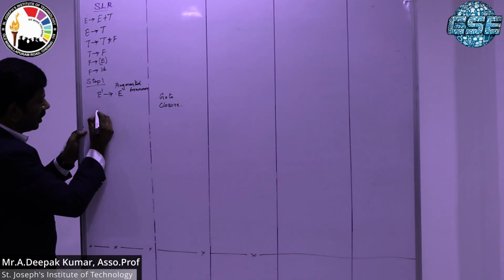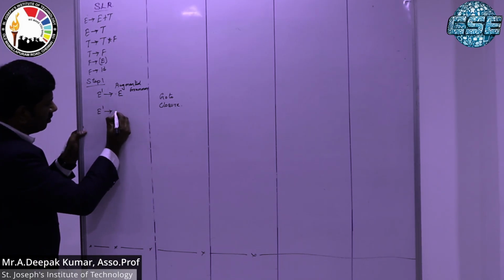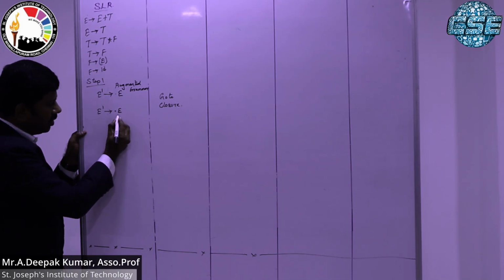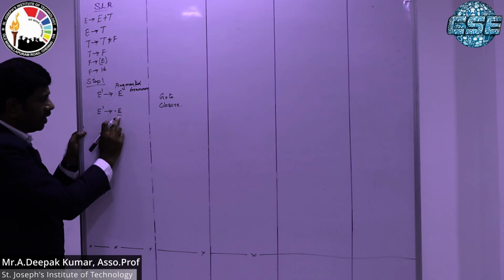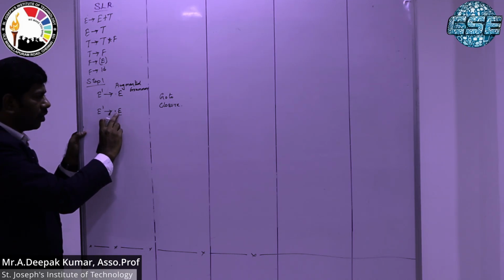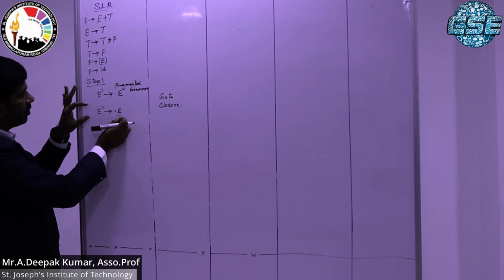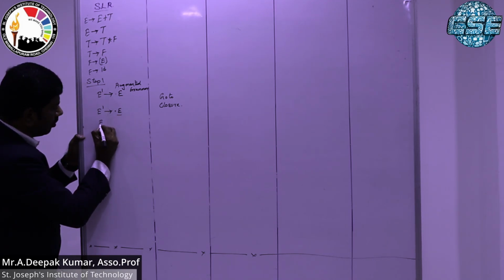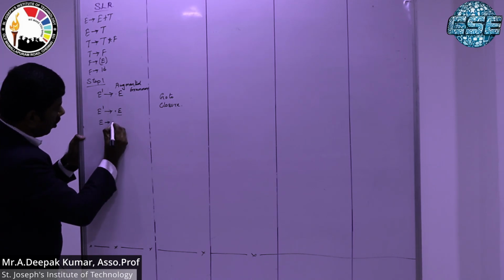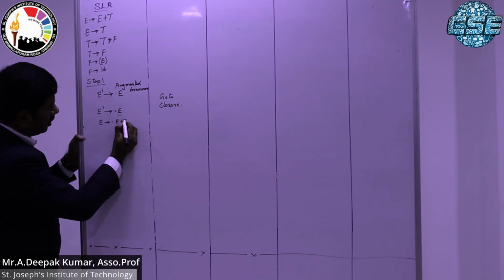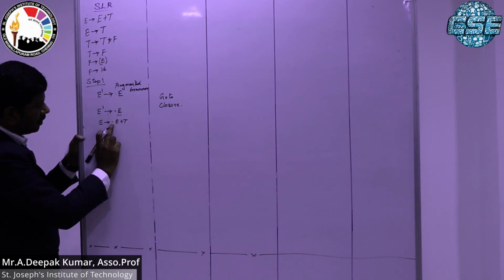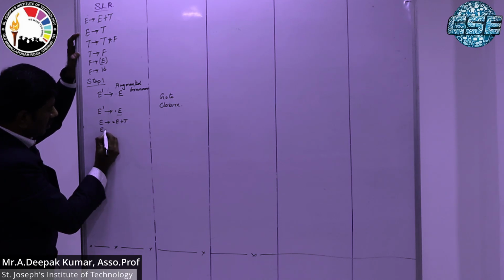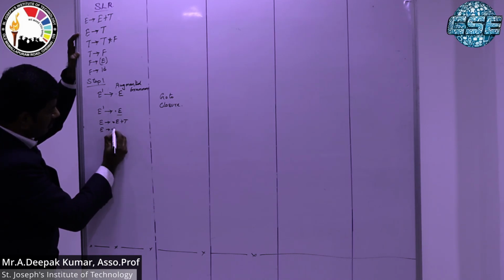Let's take the first item, E dash derives dot E. After the dot symbol we have a non-terminal, so that grammar has to be extended. So E derives dot E plus T, and again after the dot we have E, which is already taken care of in the closure operation. Then E derives dot T.